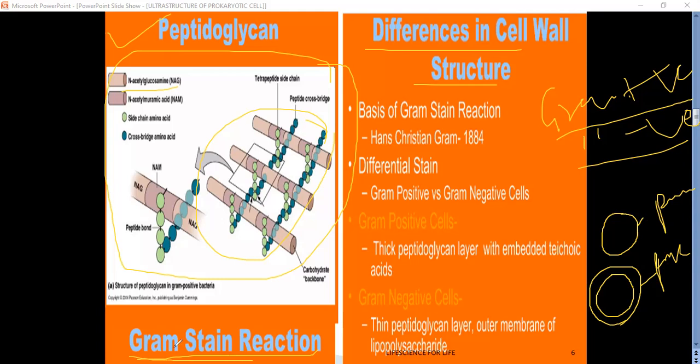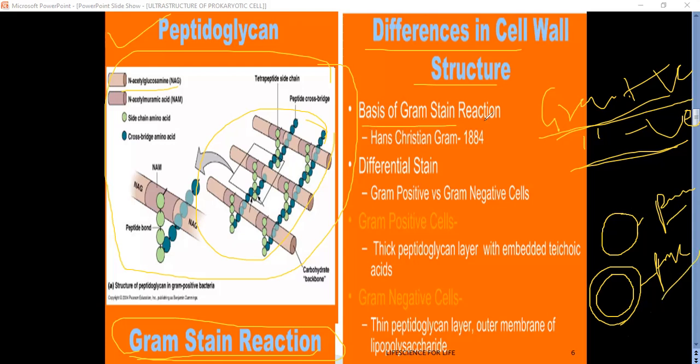This gram staining reaction differentiates the whole bacteria into gram positive and gram negative, which we have done and seen under the microscope. Gram positive looks purple and gram negative looks pink.